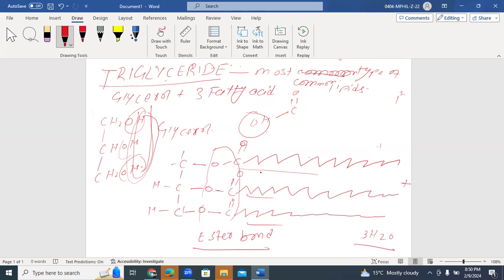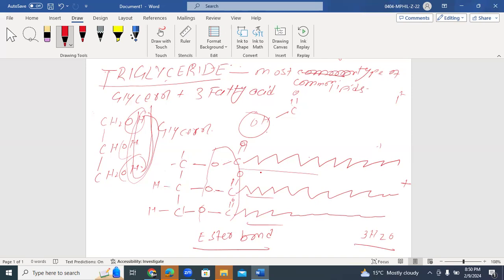So an ester bond is the bond which forms between the oxygen and carbon atoms. This is called an ester bond, or it is also called an ester linkage. Now, this is the first thing.